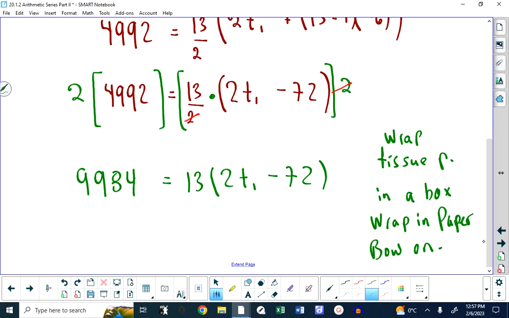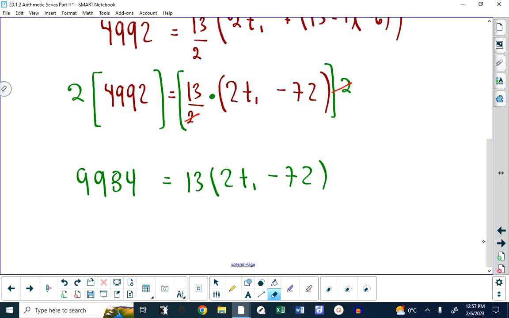What is the first thing that's done to T1 here? The first thing is it's multiplied by 2. That has to be the last thing that you take care of when you unwrap it. So writing this down, we have multiplied by 2, then we have subtracted 72, then we have multiplied by 13 to get that 9984.